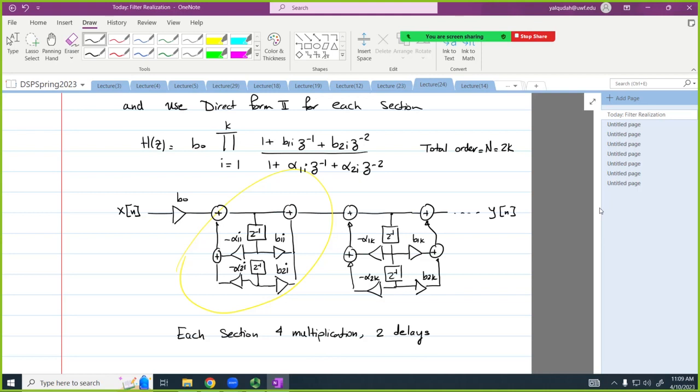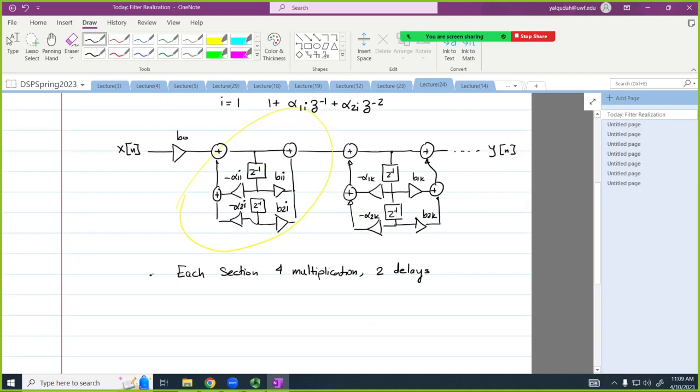Does that make sense? So we can take the product. If I set this to 0, this to 0, this becomes the first order. So, therefore, if n is odd, then at least one section is going to be of first order.